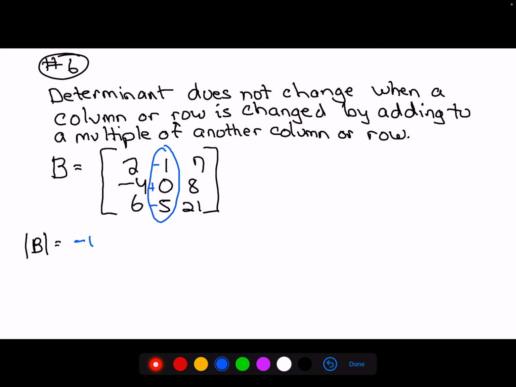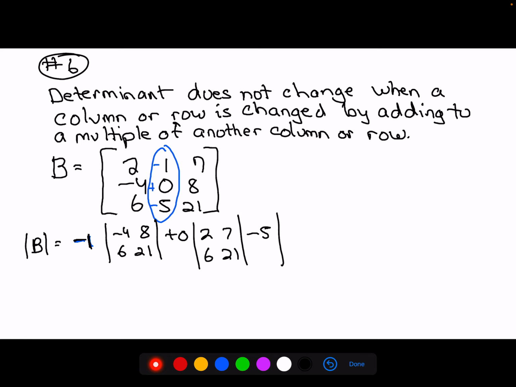So negative 1 times determinant of negative 4, 8, 6, 21, plus 0, determinant of 2, 7, 6, and 21, then minus 5, determinant of 2, negative 4, 7, and 8.